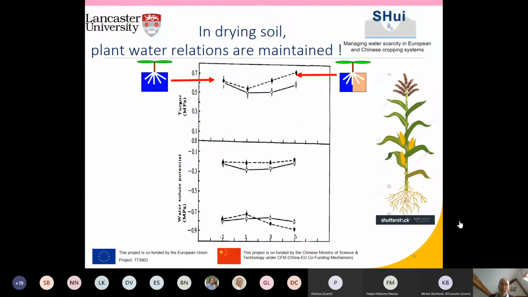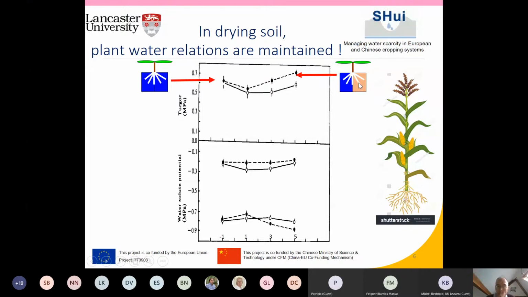So these are the results of the partial root zone drying experiment. As you can see, there were two treatments, some well-watered plants that were irrigated on both sides of the pot. And here are our plants exposed in this split root system to partial root zone drying, where part of the root system was well watered and the other part was exposed to drying soil.